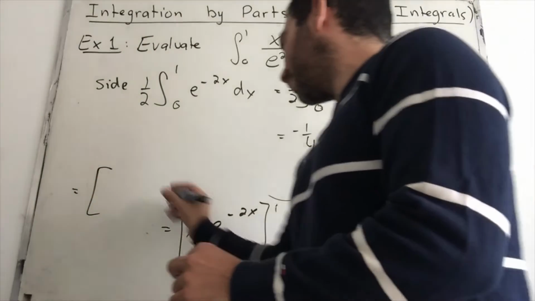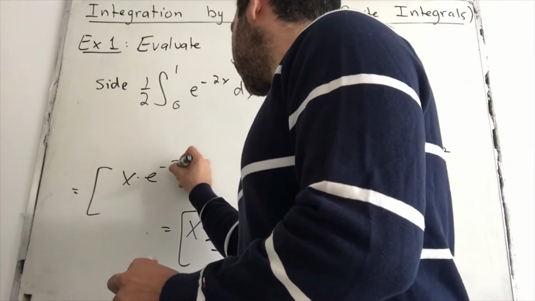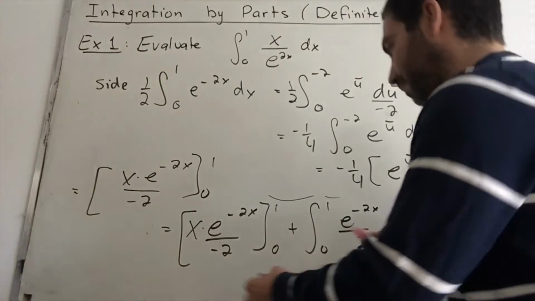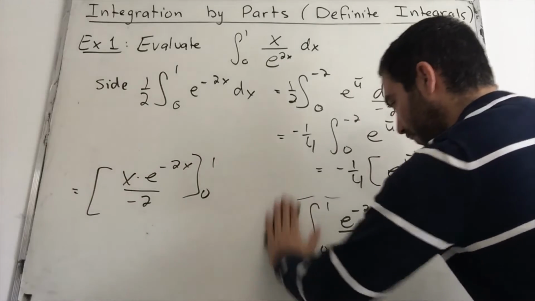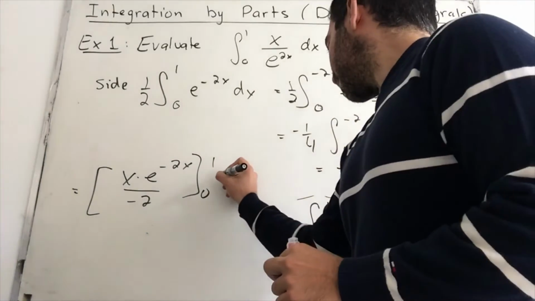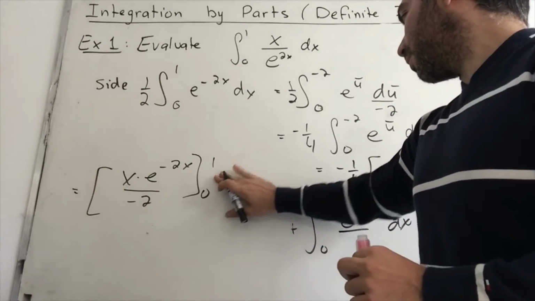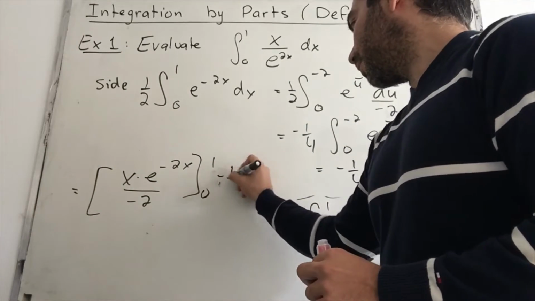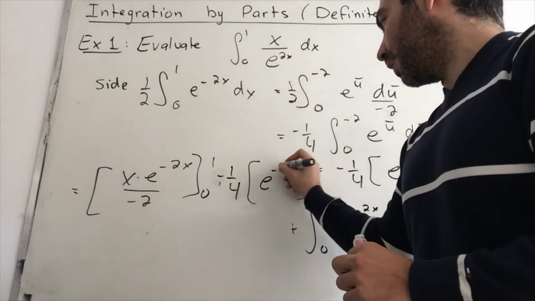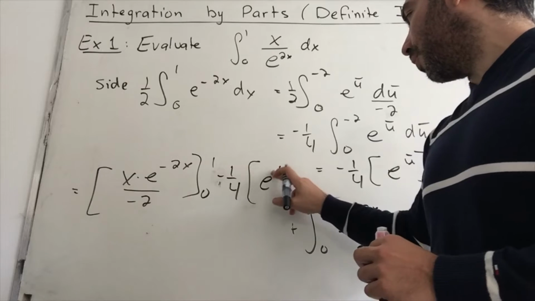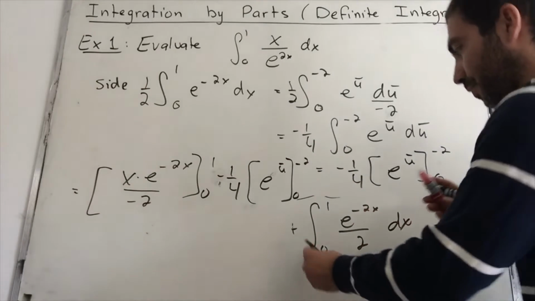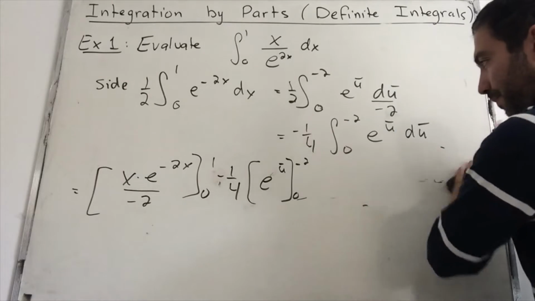So here we have x times e to the -2x over -2 from 0 to 1, plus this piece, which we just solved for, is here, plus, well, it's -1/4, open bracket, -2 to 0, so e to the u bar from 0 to -2. Okay, let me erase all this.